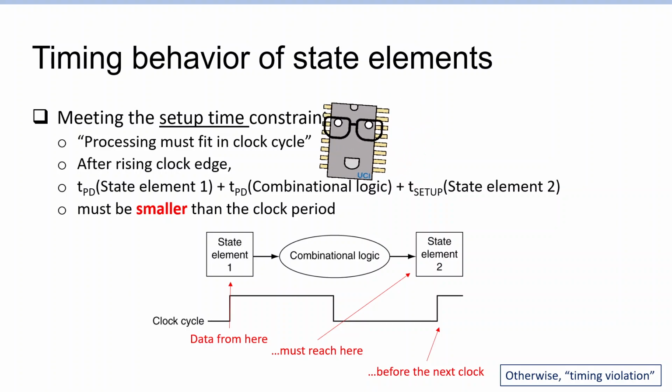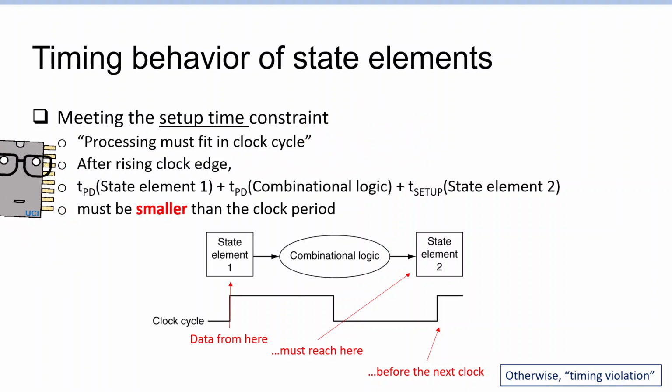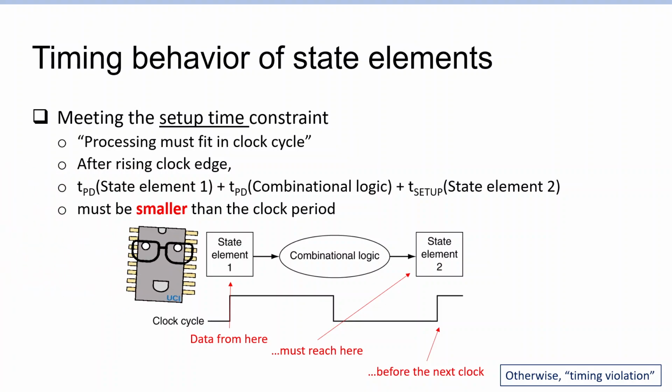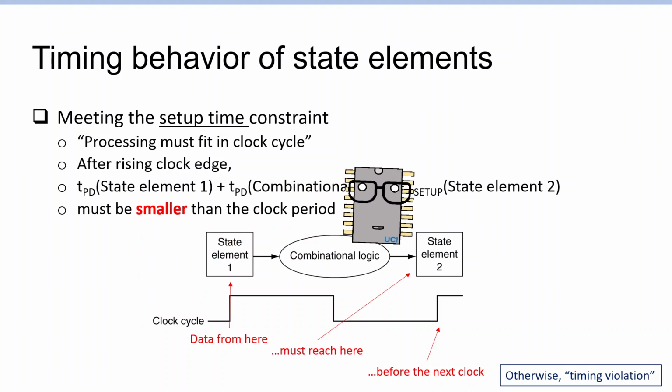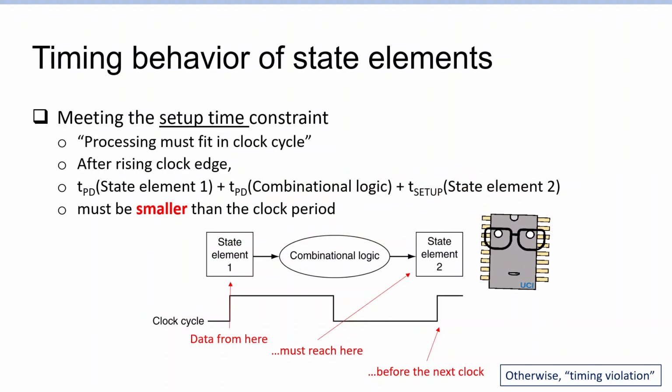In more detail, after every rising clock edge, okay, let's say we have a very simple abstract sequential circuit consisting of state element 1, which is the input to the combinational logic, the output of which is stored into state element 2.